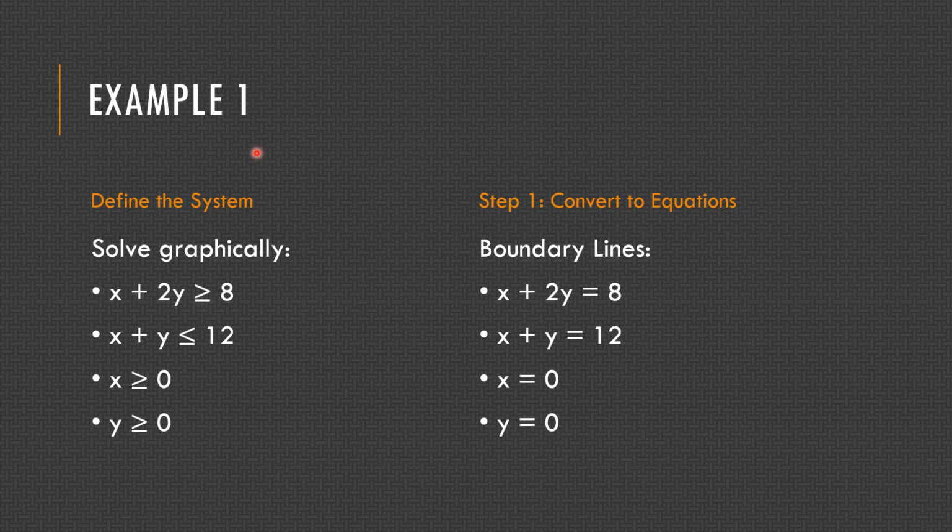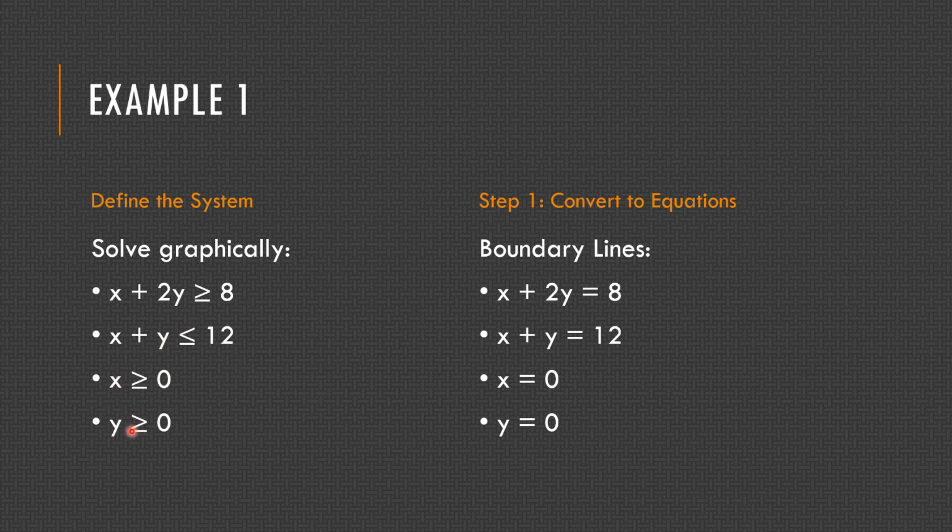So let's see a simple example in this form. We have to define the system for you. So the system for this particular example has been defined graphically in this form. We have the inequality x plus 2y greater than or equal to 8. We have the inequality x plus y less than or equal to 12.